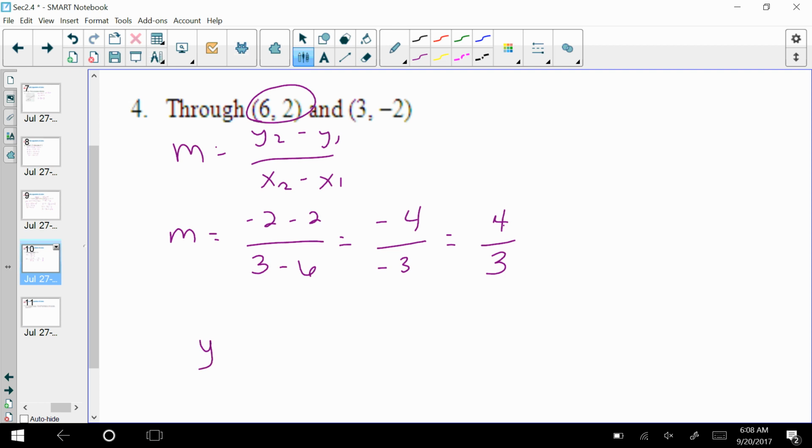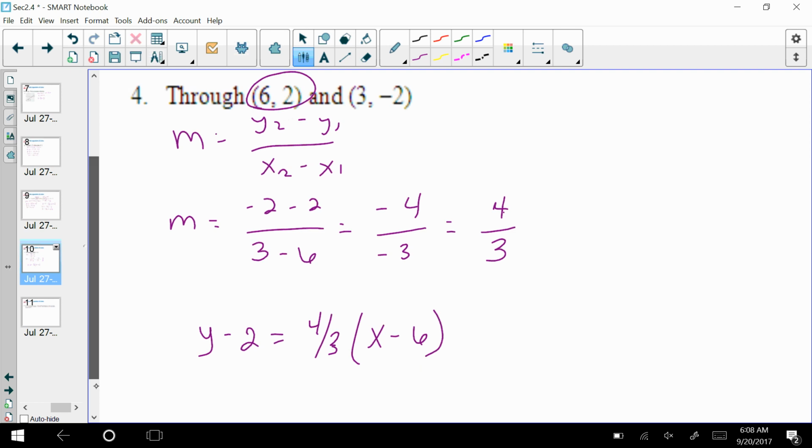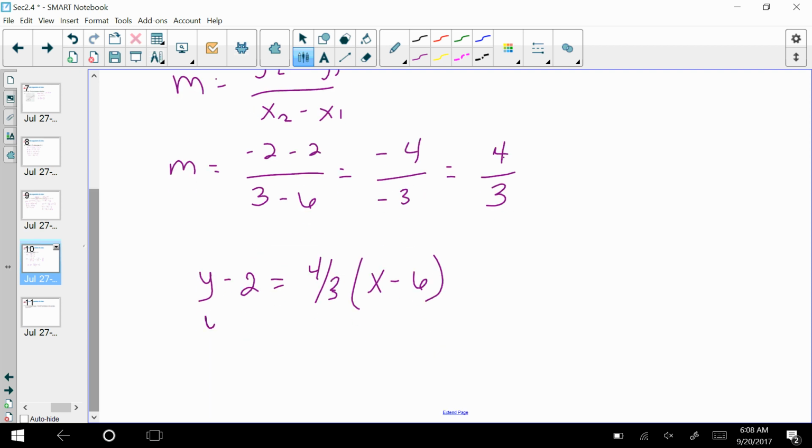So y minus y1 equals our slope times x minus x1. And minus 24 over 3, which is the same as 8.